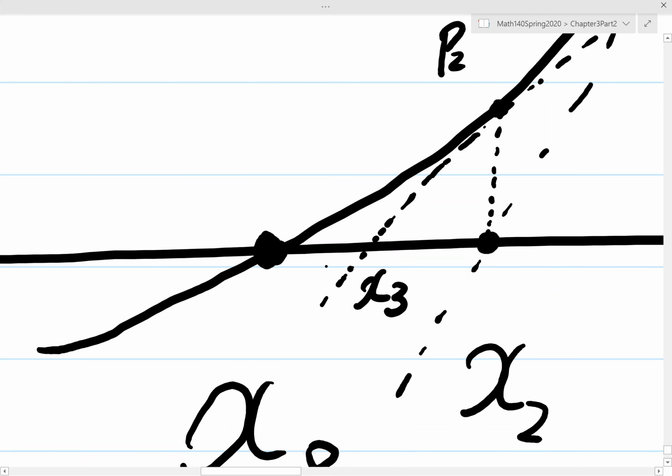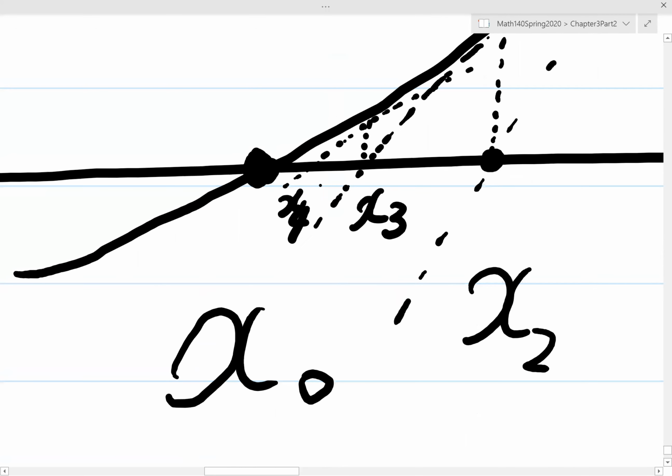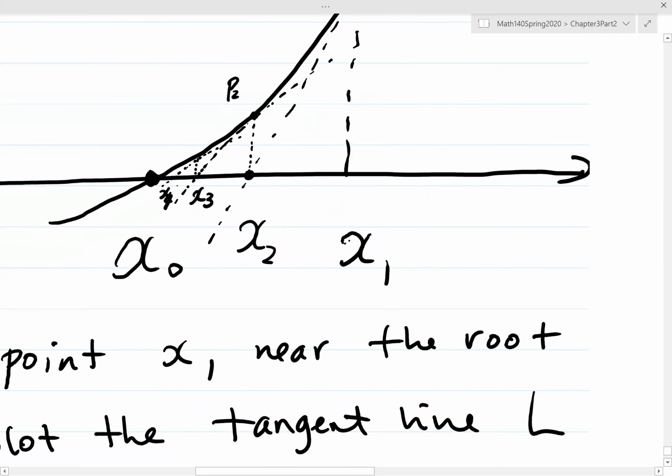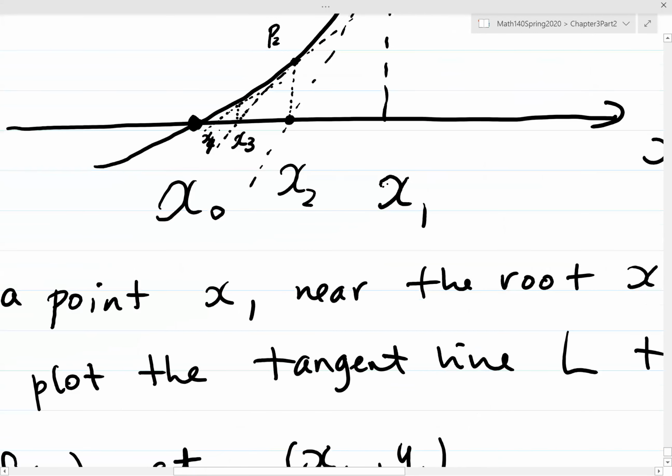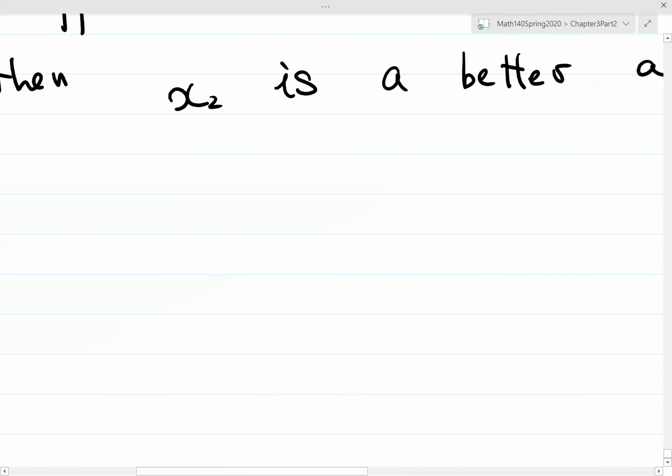Again we do this at x3: lift up to the curve and plot the tangent line. Then you get x4. If it gets close to x0, then this gets close to our desired root.